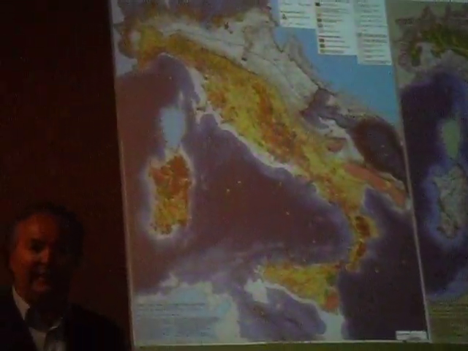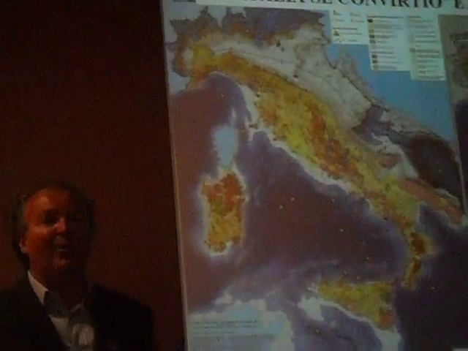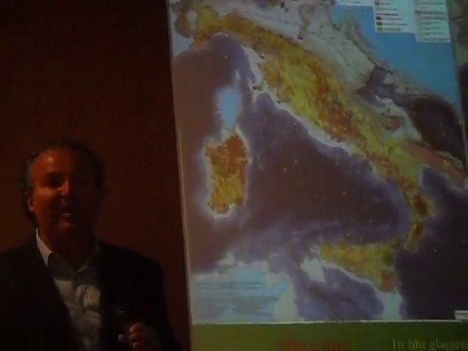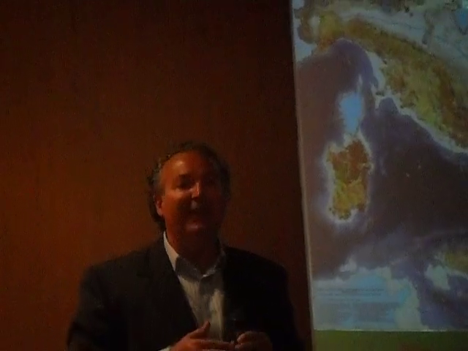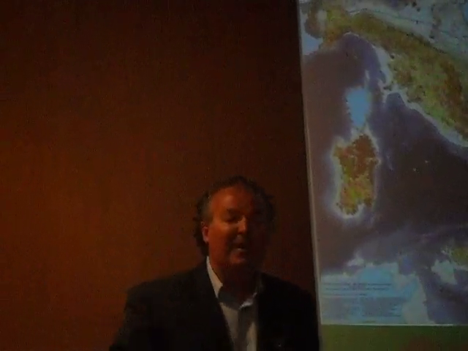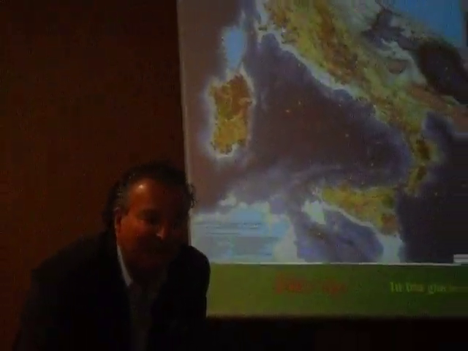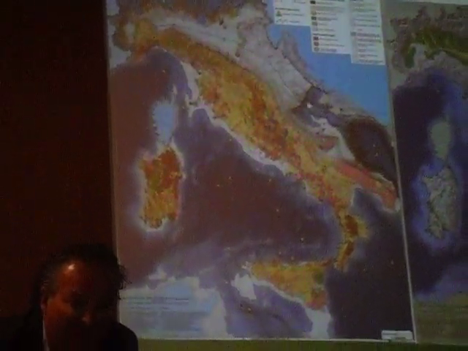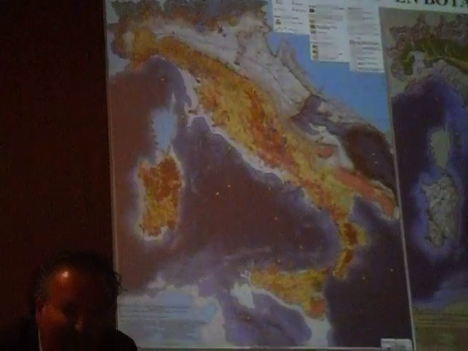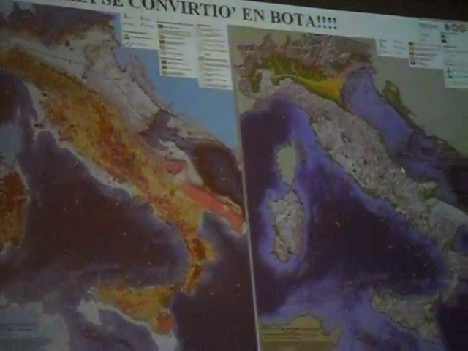And 6,000 years, if you think, are recorded in the Holy Bible. We speak about the mega flood that occurred and Noah took the animals. This mega flood occurred during this time and changed Italy from this shape. The Po Delta was around here, now the Po Delta is here, to this shape.